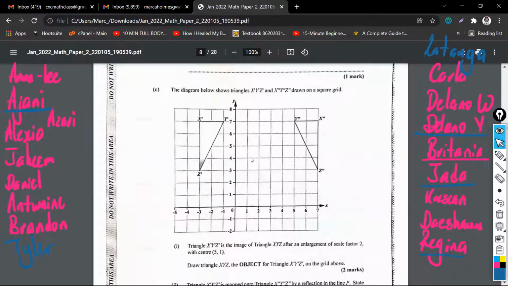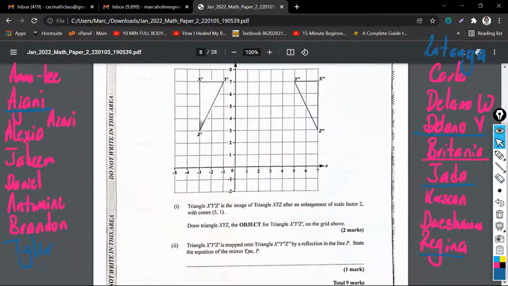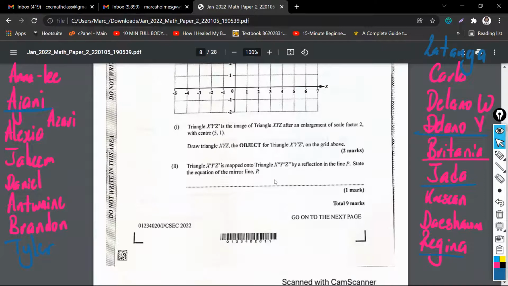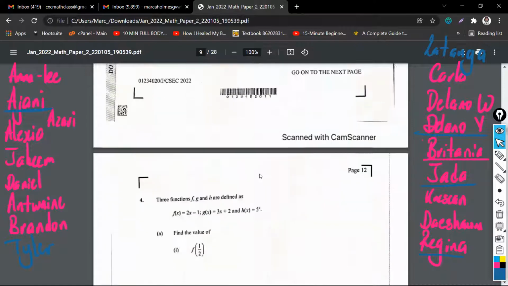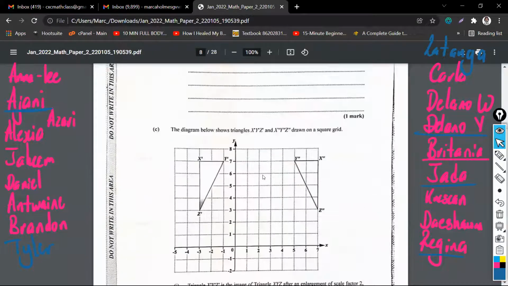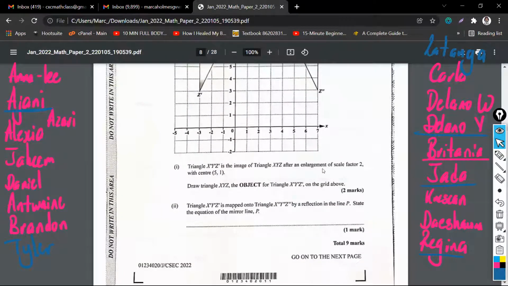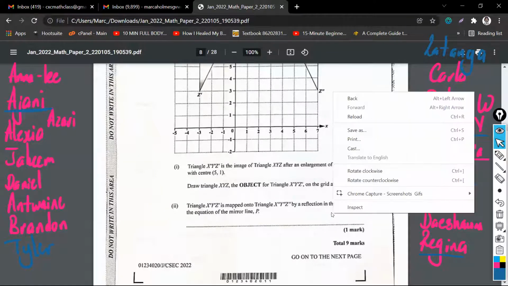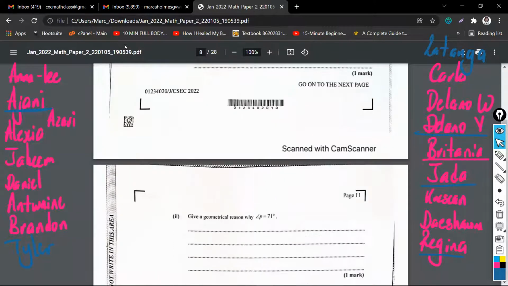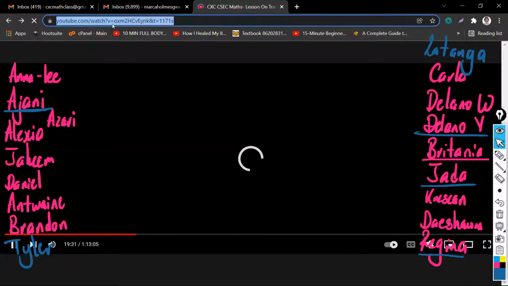So here, see a transformation here, guys? I think so. State the equation of the line. No, this is not a transformation. This is just an enlargement and a reflection. That's what this is. No, sorry guys. We can go through that later. Let's look for another one then. CXC math.